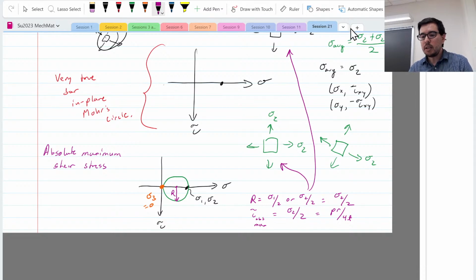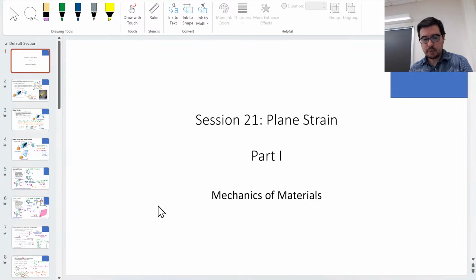Now session 21, as we see here, is about plane strain. Plane strain is similar to plane stress, where we're looking at situations from a 2D perspective and trying to think about what is happening in terms of the normal behavior coming out of the sides, and also what's happening in terms of the shear behavior.